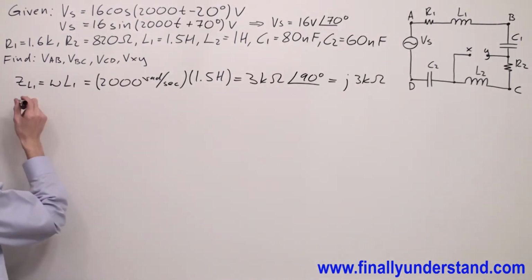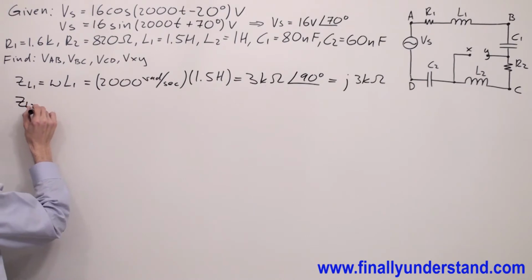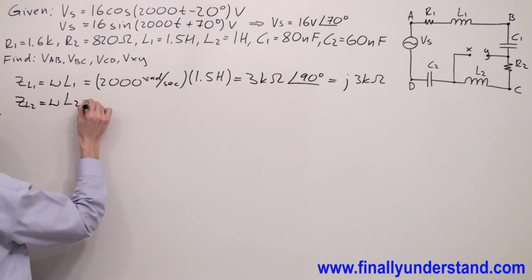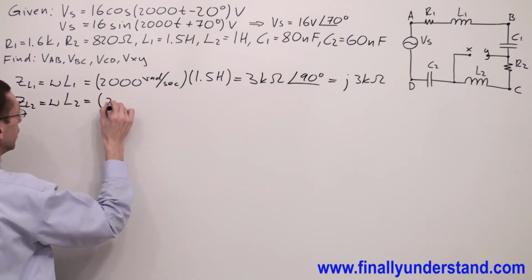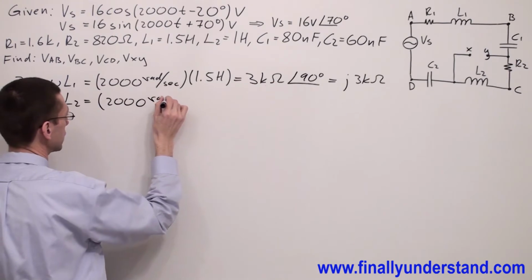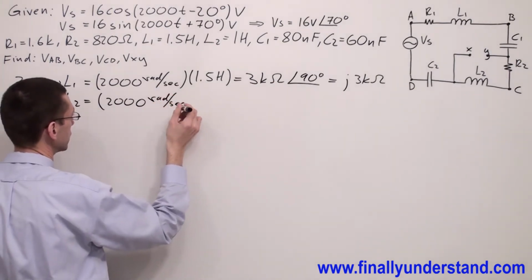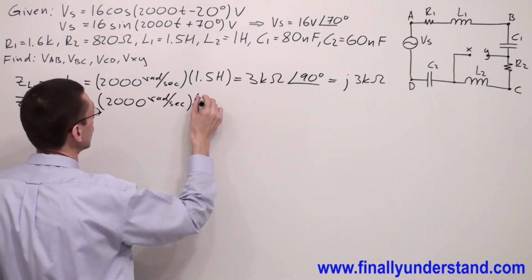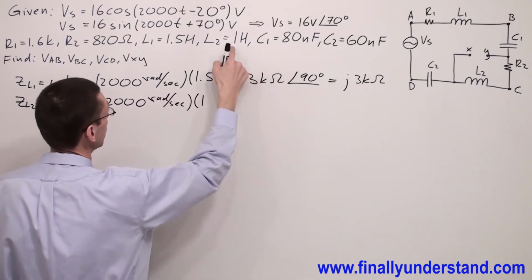So next we're supposed to find ZL2, which is equal omega times L2. Again, omega is equal 2000 radians per second. This is my angular velocity times 1 Henry.